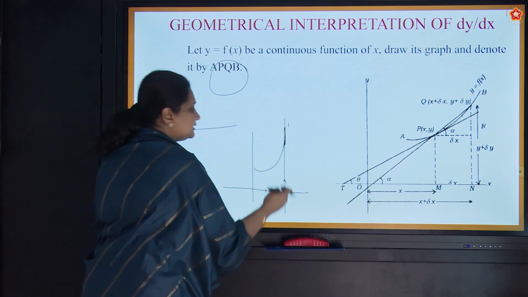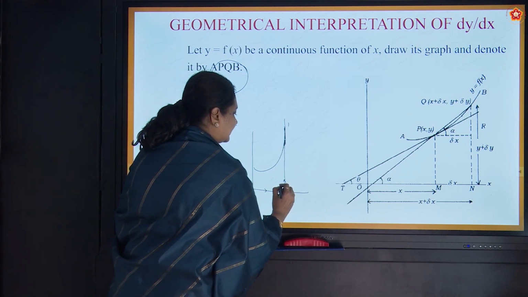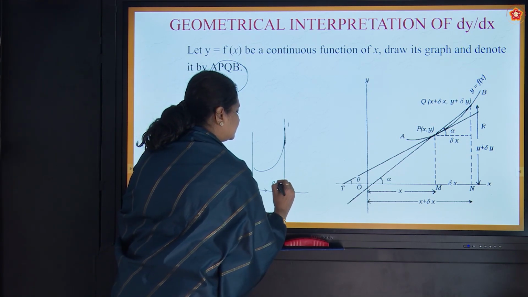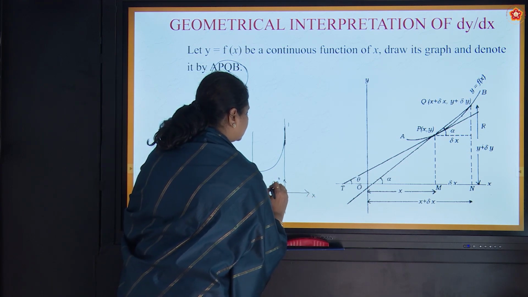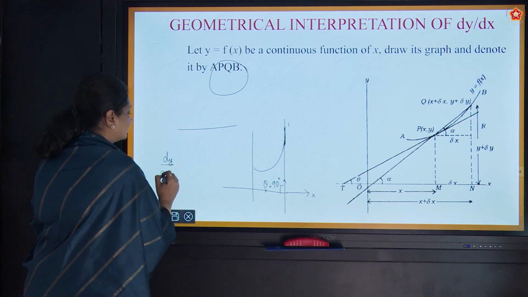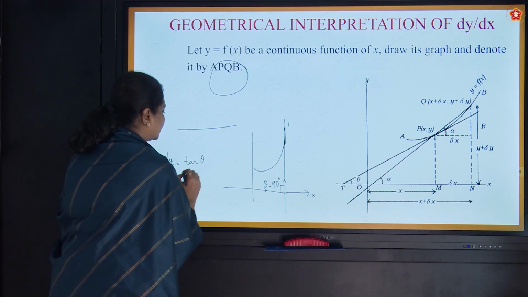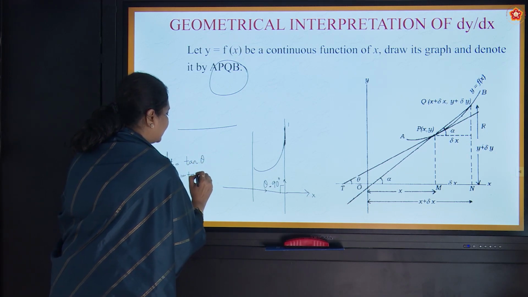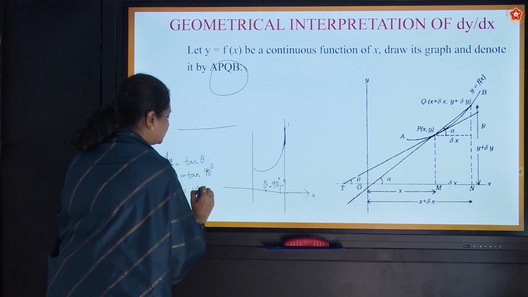So the tangent at this point is going to be perpendicular to the x-axis. So what's the angle that it will make? It will make 90 degrees with the x-axis. This is our theta now. So our dy by dx is equal to tan theta, that is equal to tan of 90, which is equal to infinity.